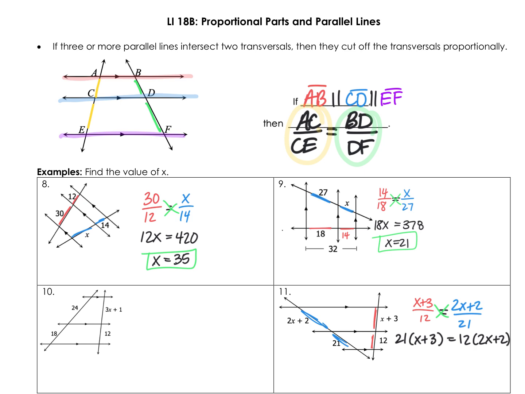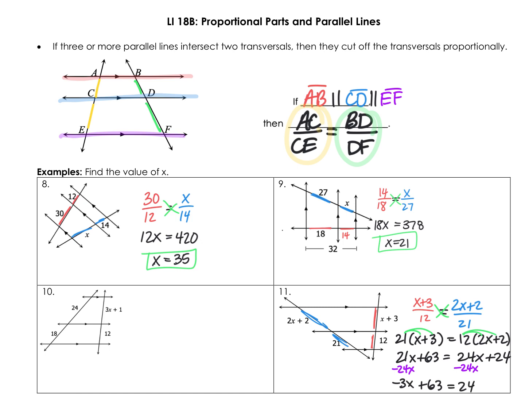You can now distribute and see what you get. After I distribute, I'm going to move my variables to one side, so I'll subtract the 24x. So now I've got negative 3x plus 63 is 24.